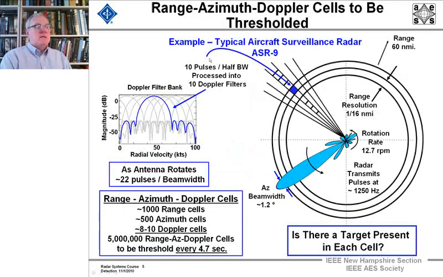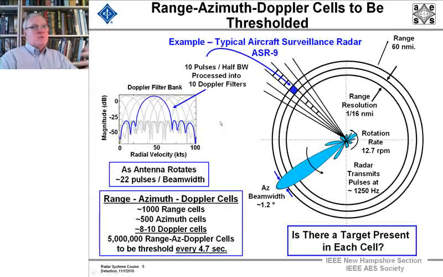Now let's look in detail at the range azimuth Doppler cells that are going to be thresholded. For our typical airport surveillance radar, the ASR-9, in a half beam width there are about 10 pulses, and we're going to process them into 10 Doppler filters.